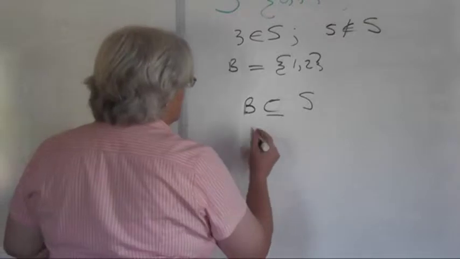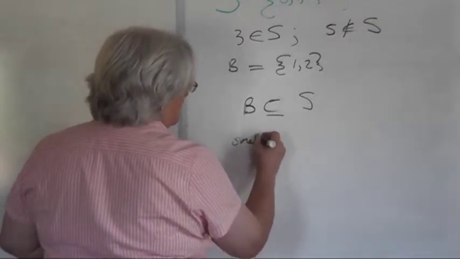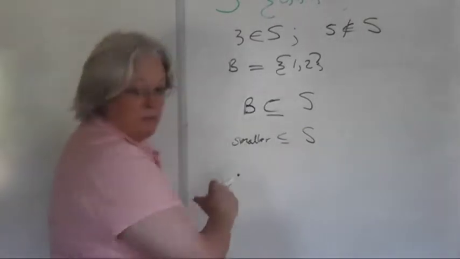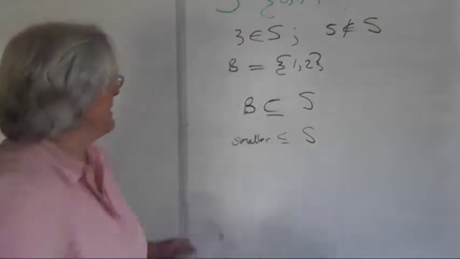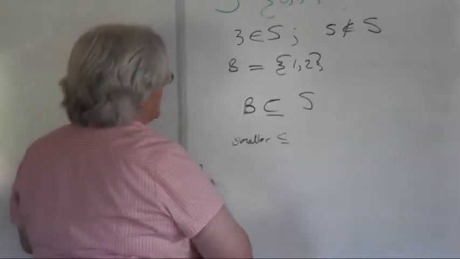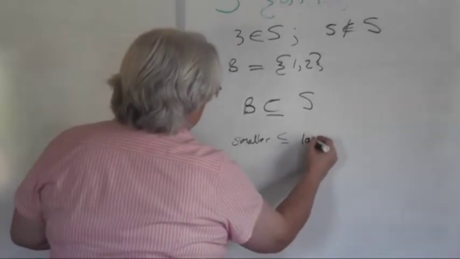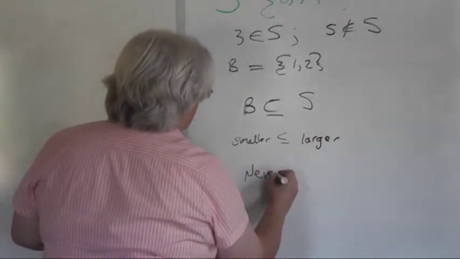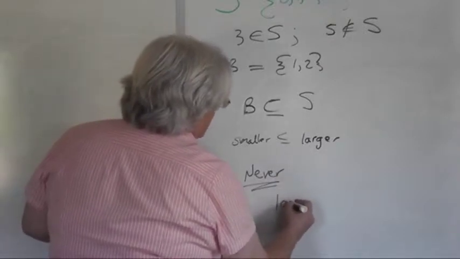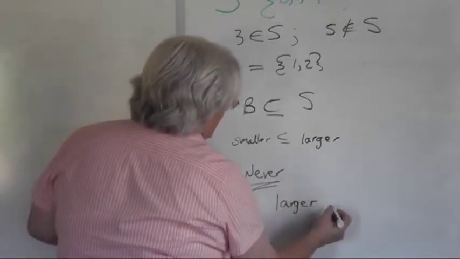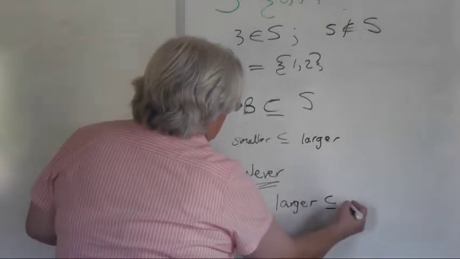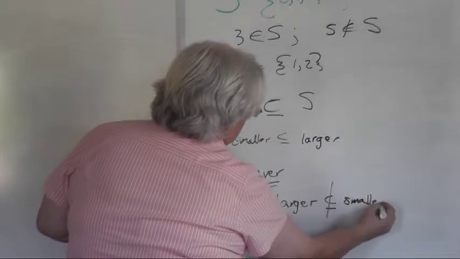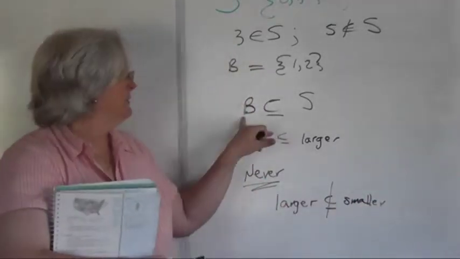So it's always going to go from smaller. The smaller will be a subset of the larger. I meant to write larger instead of that S, but S is the larger set. It's never going to be that the larger is a subset of the smaller, because if you have something bigger, you can never have all of that contained in the smaller set.